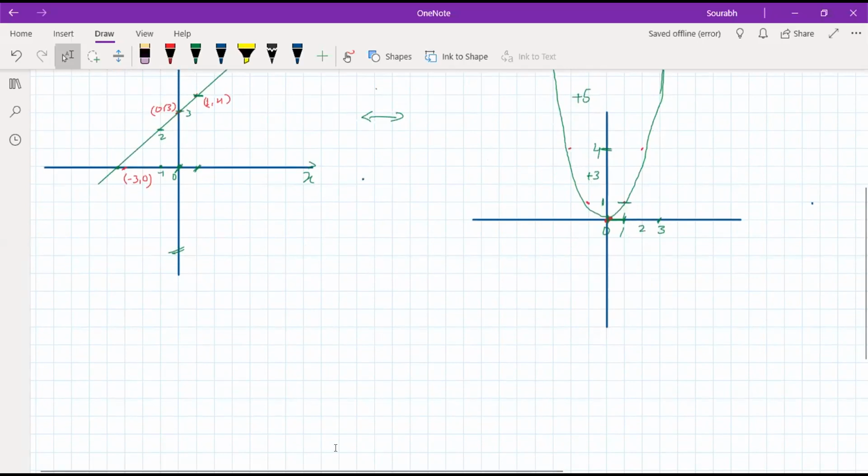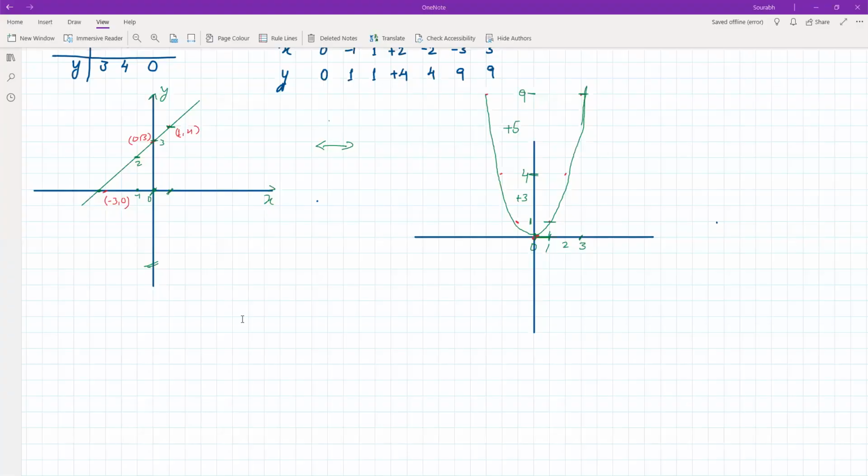Okay, so let's start that. So here we have seen that change in x introduces a change in y. Here also change in x introduces a change in y.